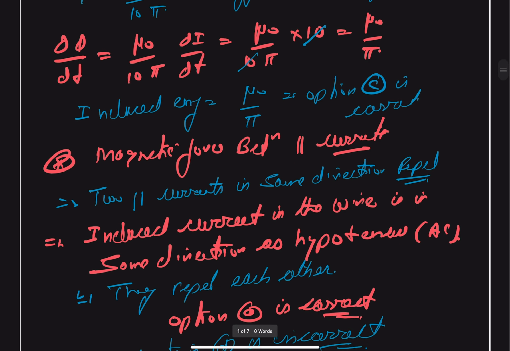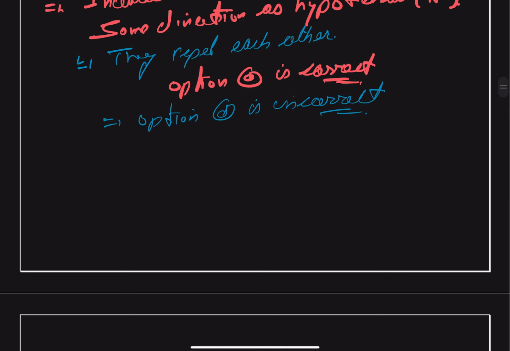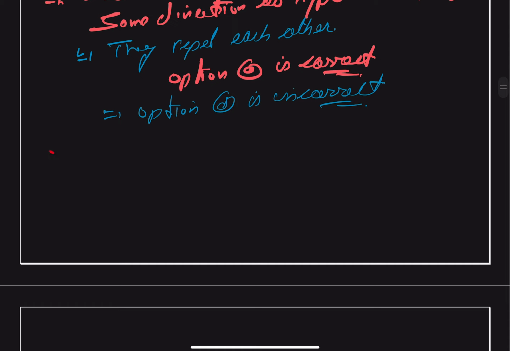Okay, so let us consider rotation of the loop. In this case, the triangular loop rotates about the infinitely long wire at a constant angular speed.